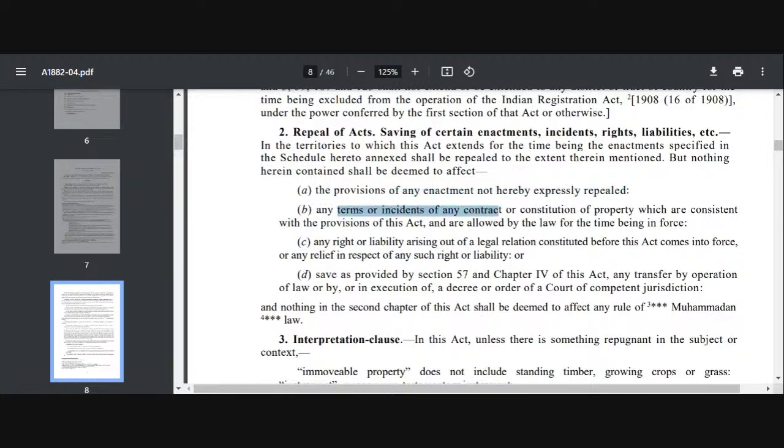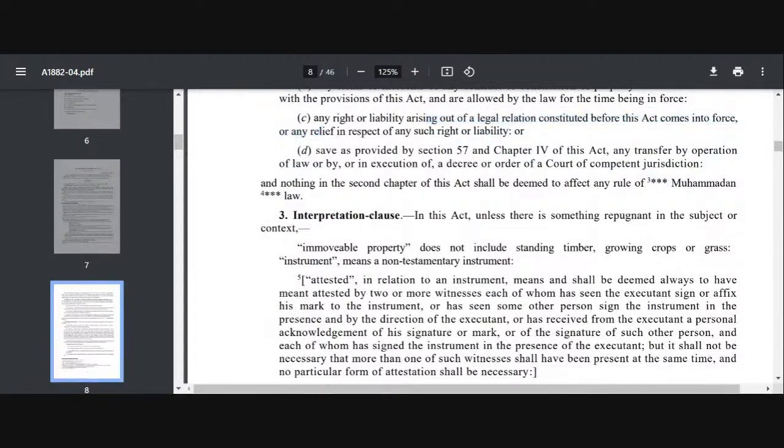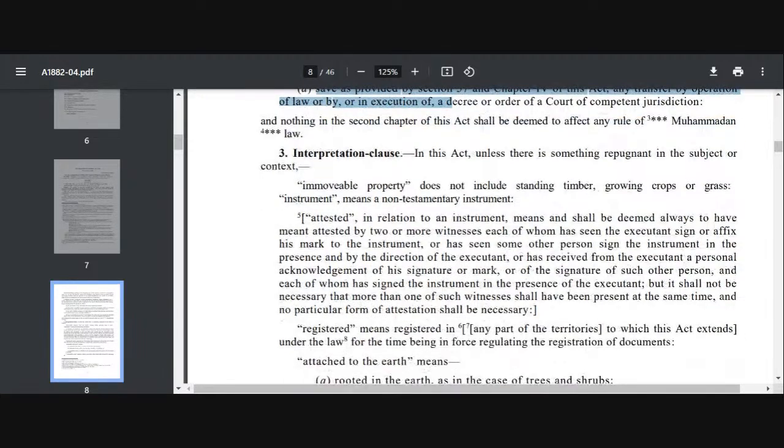Terms or incidents of contract or constitution of property, rights and liability arising out of legal relation, and save as provided by section 57 and chapter 4, it does not affect something which is also coming by operation of law. And nothing in this chapter will be deemed to affect any rule of Mohammedan law also. So this is the savings chapter, and it also talks about repeals and savings.